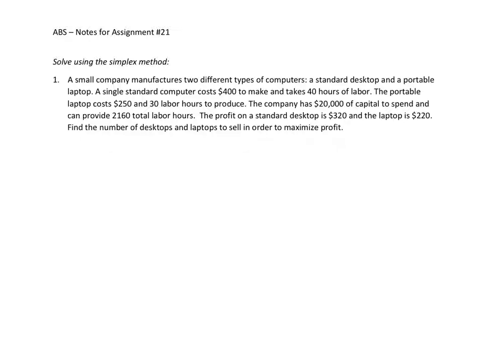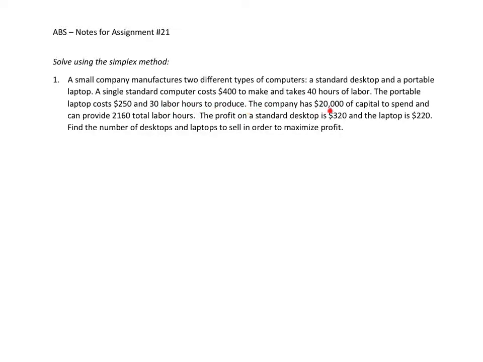So let's read. A small company manufactures two different types of computers, a desktop and a laptop. A single standard computer desktop costs $400 to make and takes 40 hours of labor. The portable laptop costs $250 to make and 30 labor hours to produce.